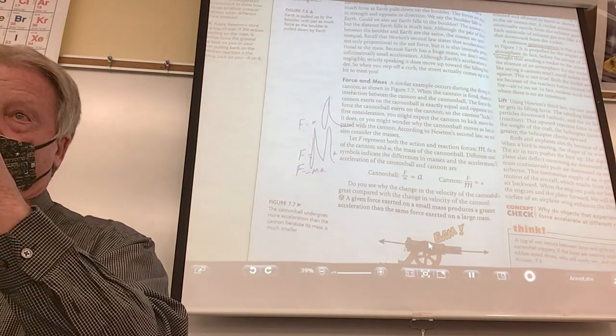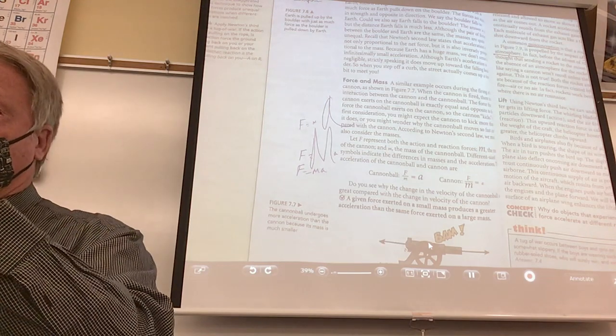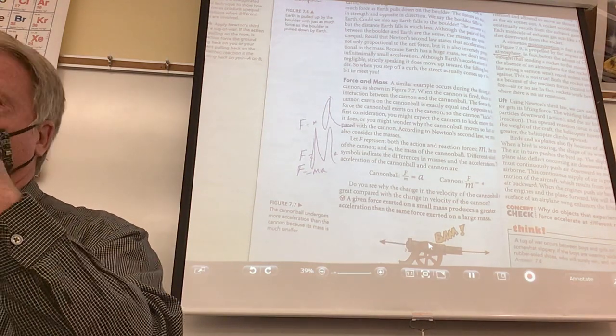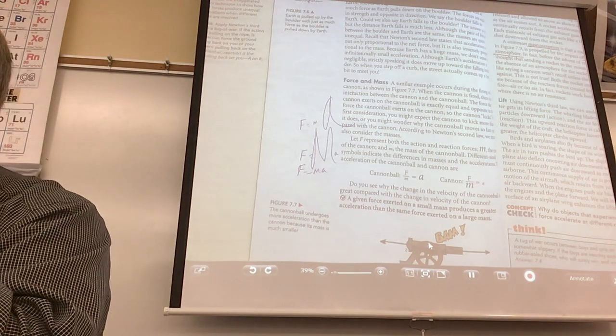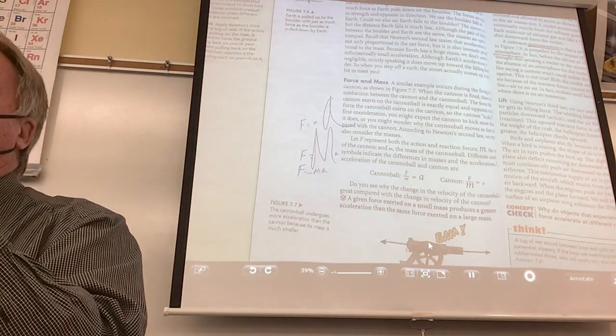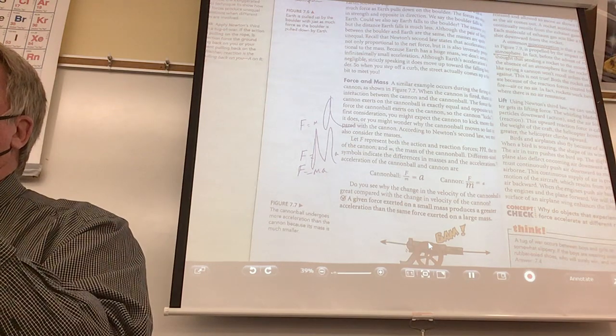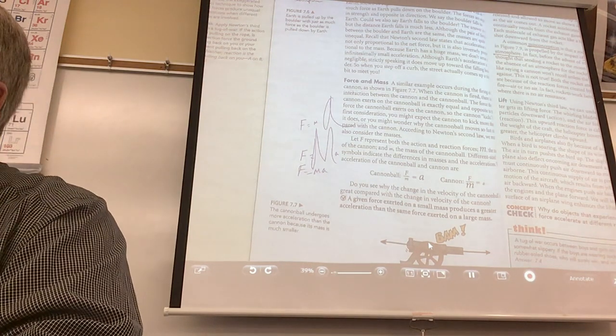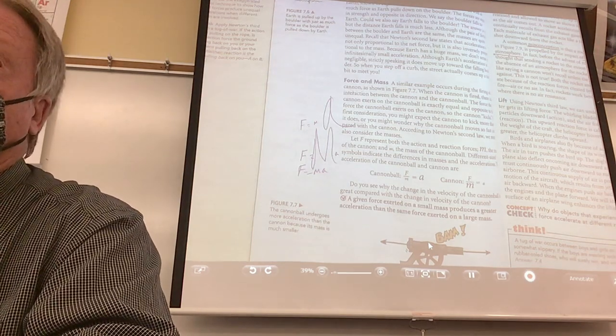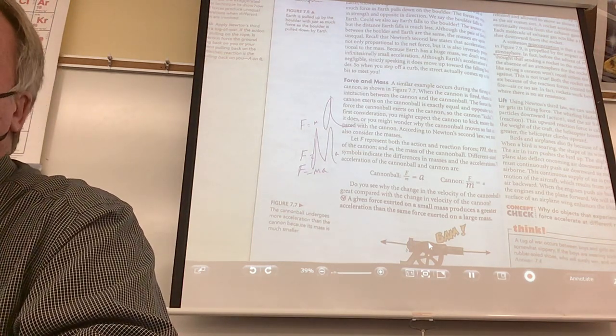The motion of the cannonball. And don't say goes. That's something a fifth grader tells me. It's going to accelerate with a huge acceleration, isn't it? Yes. And what happens to the cannon? It's going to accelerate backwards, not nearly as much, because of what? Big mass. That's right.